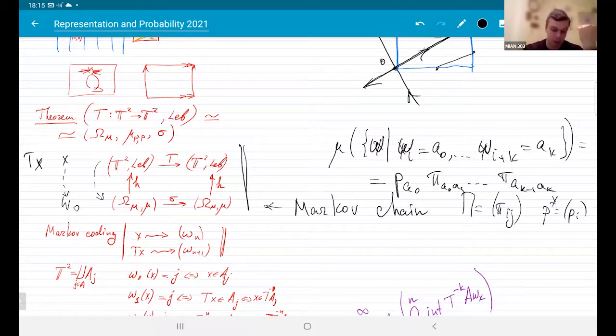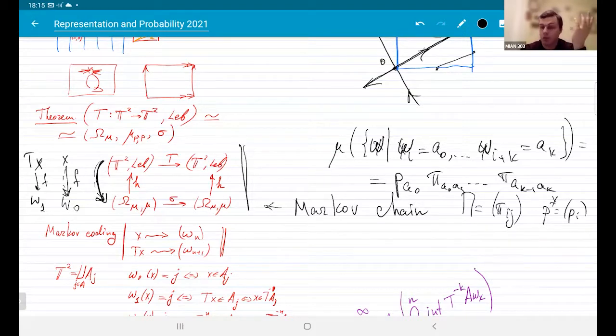So if this is some f, then the same f for the point Tx will take omega 1, and so on. So the whole information about this map is concentrated in just one piece of information, how to construct omega naught.